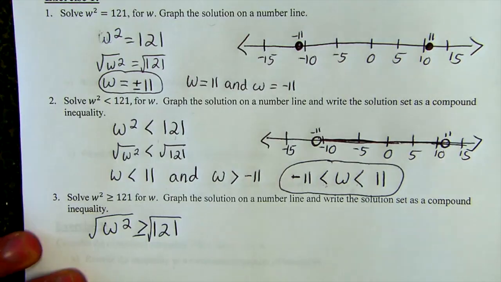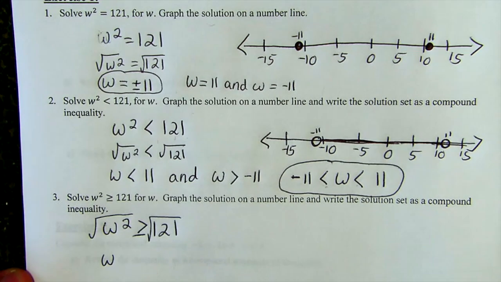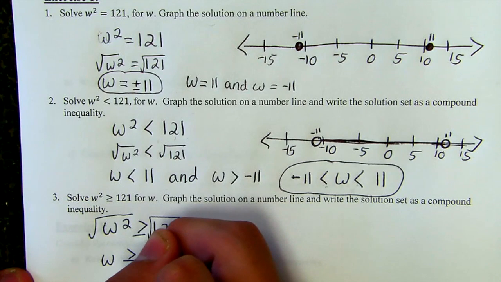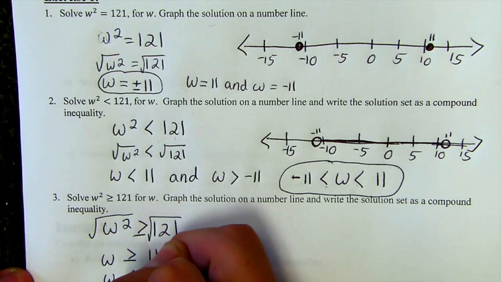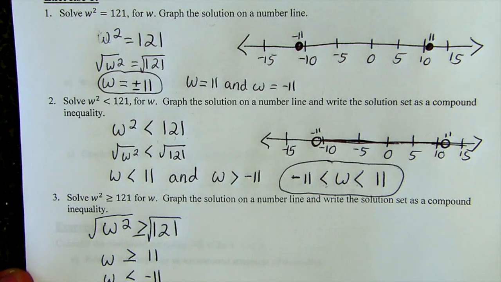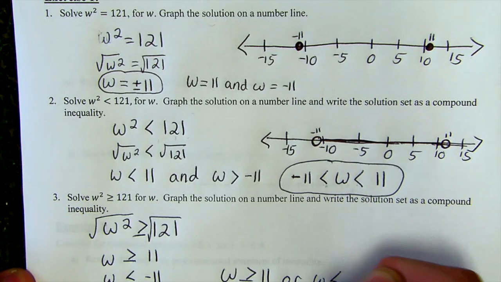And then since we have the positive and the negative case, we're going to say that w is greater than or equal to positive 11, and w is less than or equal to negative 11. So then we have both cases. And if we wanted to write it as a compound inequality, we would use "or." So we have w is greater than or equal to 11, or w is less than or equal to negative 11.